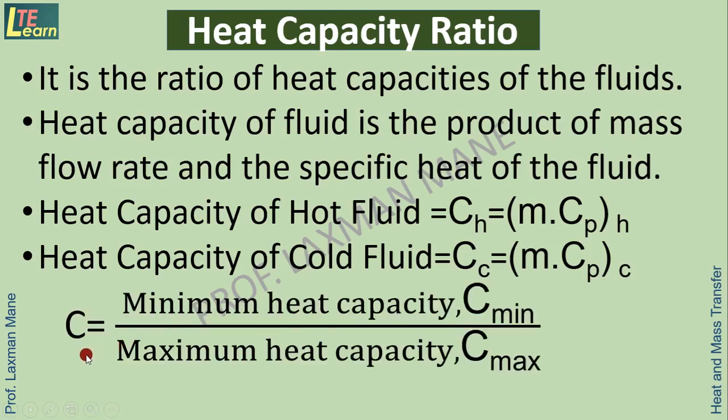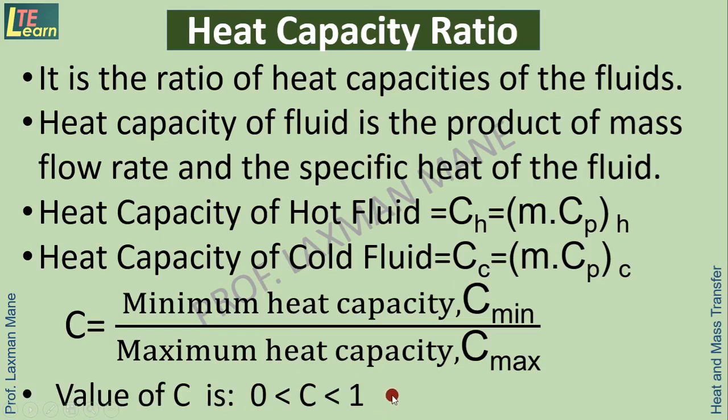Heat capacity ratio is indicated by capital C, which is equal to minimum heat capacity, C min, divided by maximum heat capacity, C max. The value of heat capacity ratio is in the range of 0 to 1.